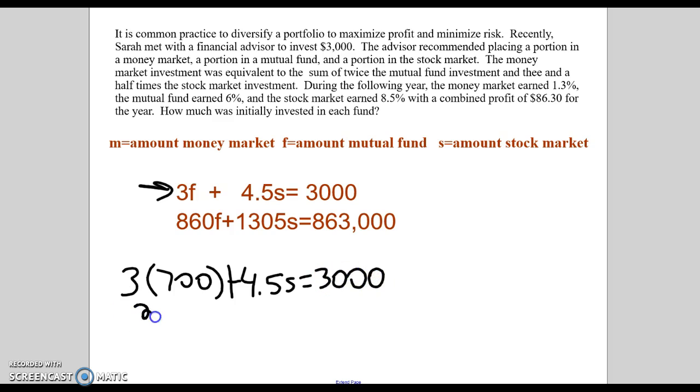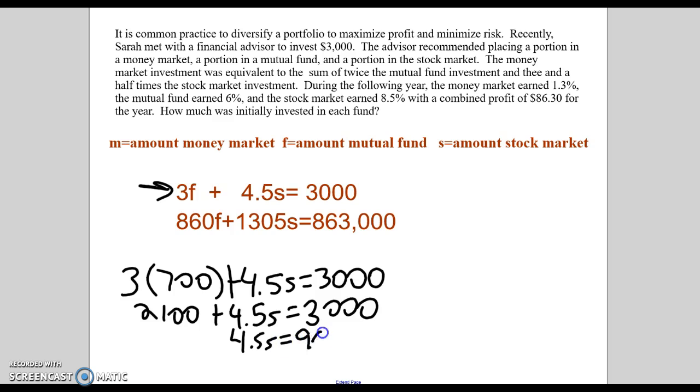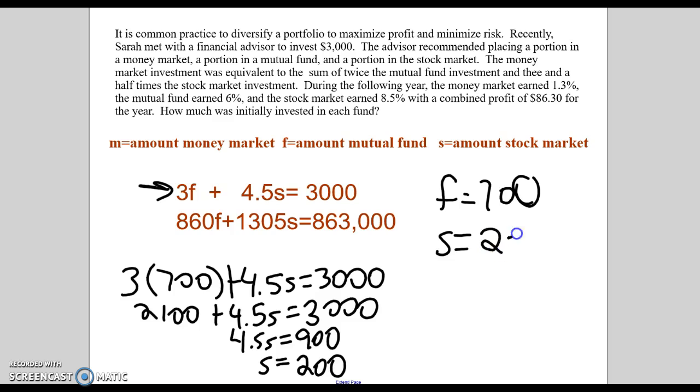Now I have 2,100 plus 4.5S equals 3,000. That gives me 4.5S equals 900. And if I divide that, I'll get that S is $200. So I know so far that F was 700 and S was $200.